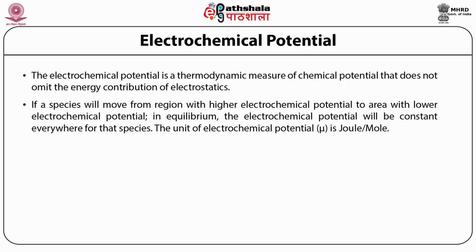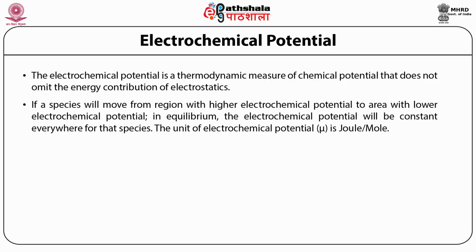A species will move from a region with higher electrochemical potential to an area with lower electrochemical potential; in equilibrium, the electrochemical potential will be constant everywhere for that species. The unit of electrochemical potential is joule per mole.